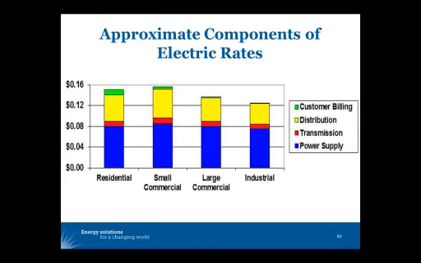There is research on both sides of that question. There's some excellent research that was done some years ago that showed that customers actually have higher elasticity to upper blocks, which would tell us that inclining block rates would be more effective.